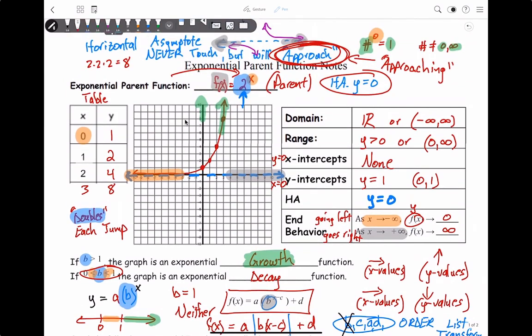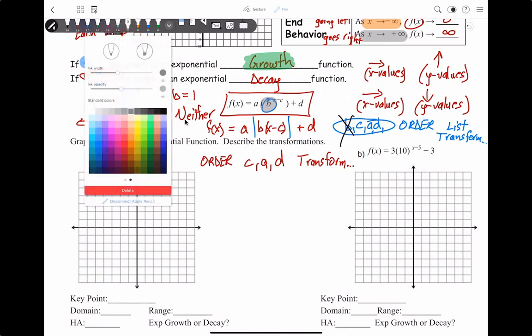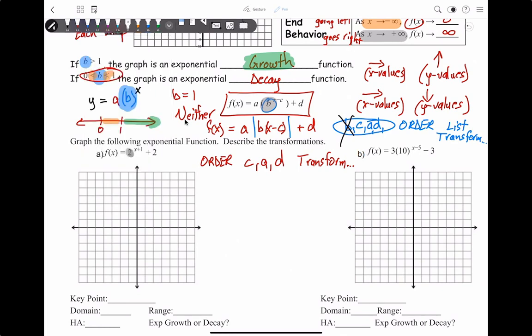So with that being said, let's go ahead and look at our first example. We have 2 to the power of x plus 1, plus 2. What we want you to immediately interpret as your default parent function is that the base is b and the power is x. That we know is an exponential function.